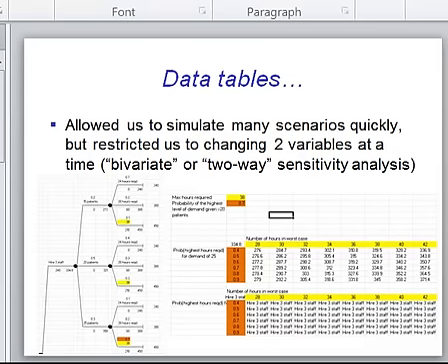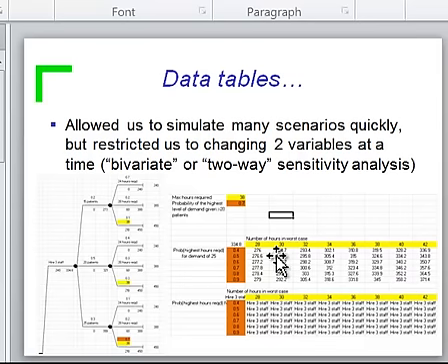And we used this tree to try to better understand the likely cost, the expected cost, with different states of nature. So we built data tables, to try to understand how variation in 2 input parameter values, we had to pick 2, the 2 we picked are listed here in orange and yellow, would matter. If we allowed the values to change over ranges that we specified, what we would do with data tables is essentially fill these tables with outcomes that we care about documenting with the model.